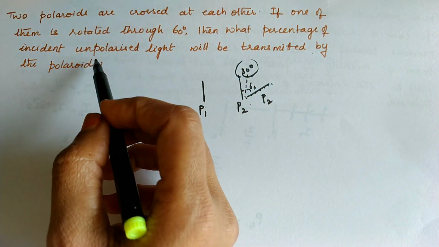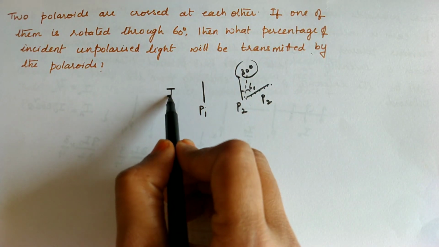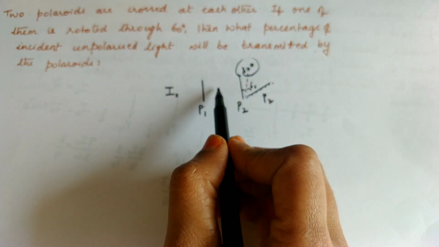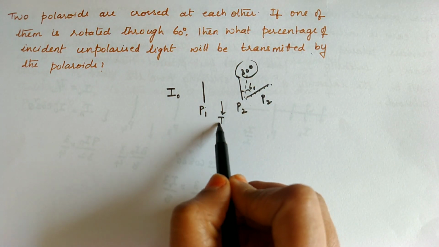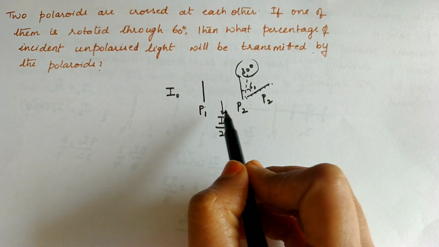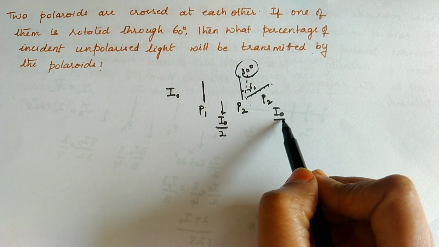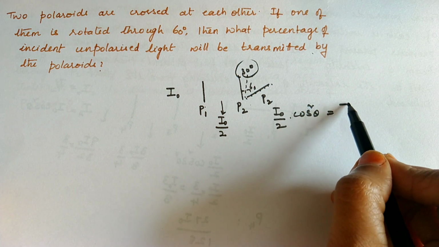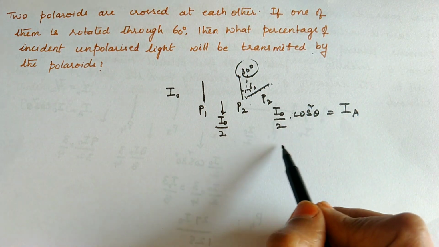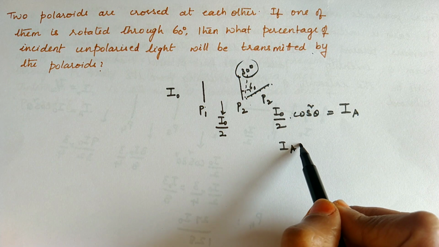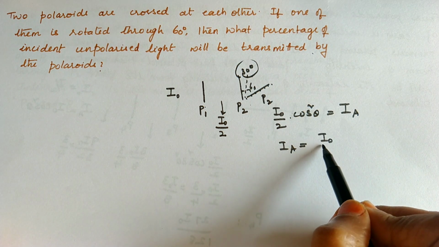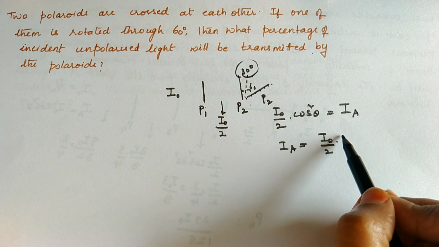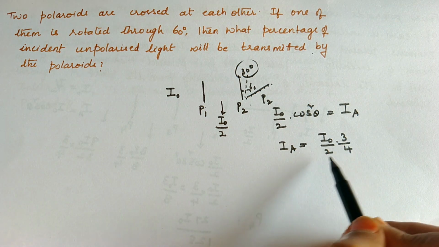So what percentage of incident unpolarized light? Say this is unpolarized. After passing through P1, it becomes I naught by 2. This into cos square 30. This is the intensity of the light coming out of the analyzer, the second prism. So what is IA equal to? I naught by 2 cos square 30, that's 3 by 4.